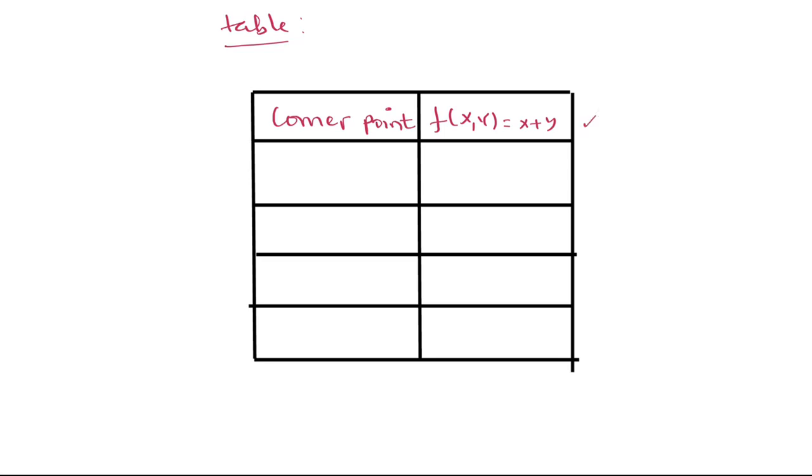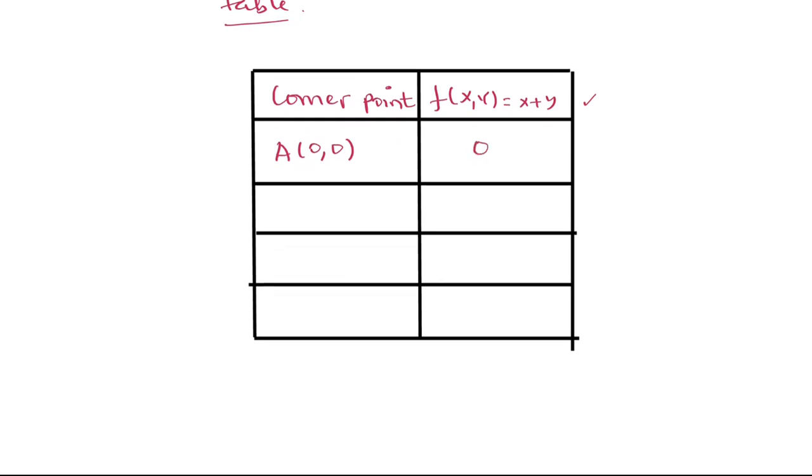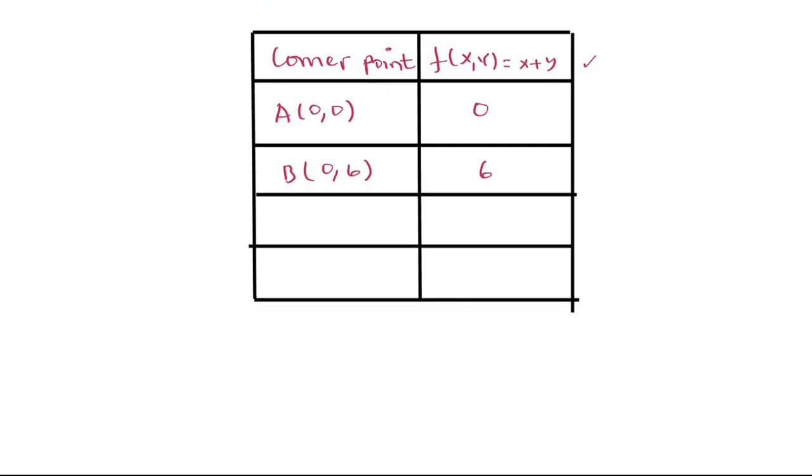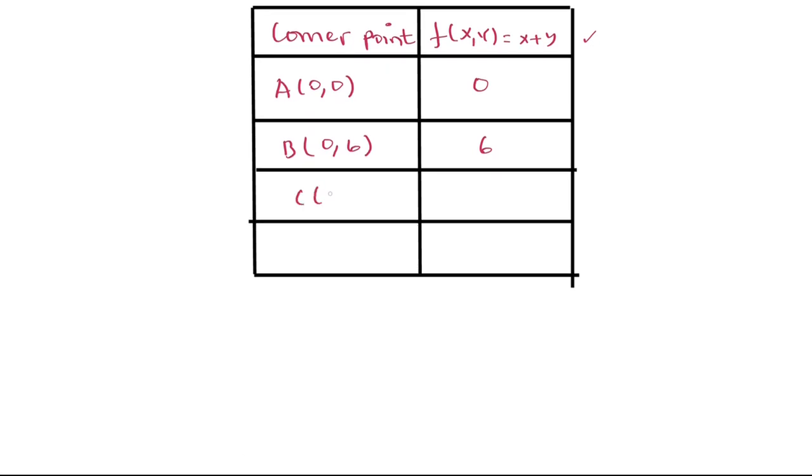Starting with point A (0, 0), the objective function gives us 0. The next point is B (0, 6), and the objective function gives us 6. For C (5, 2), the value is 7. And for D (5, 0), the value is 5.